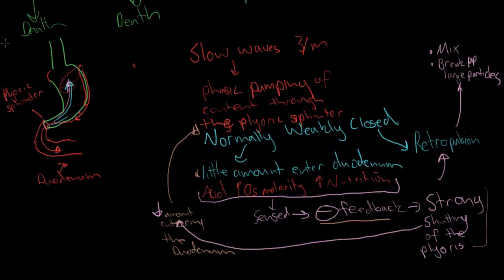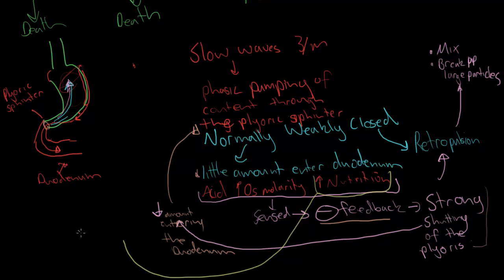Alright. Now, there's another little thing that's worth mentioning: the nutritional content especially. I've drawn this yellow. Why have I drawn it yellow? To signify nerves. So the high nutrition content is also sensed, and this causes another thing.